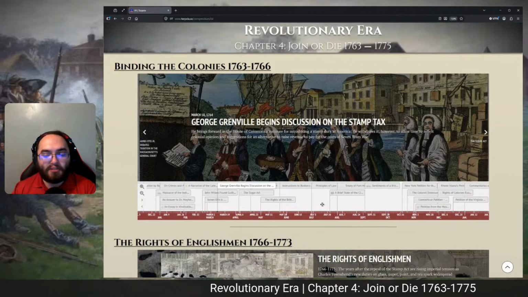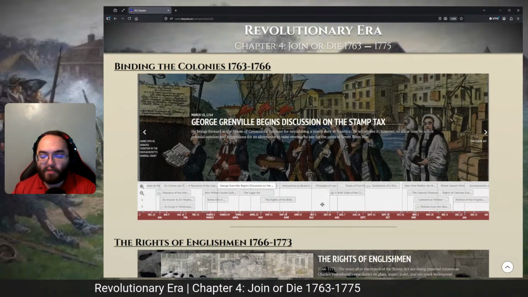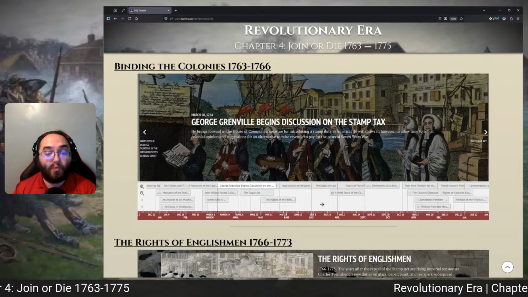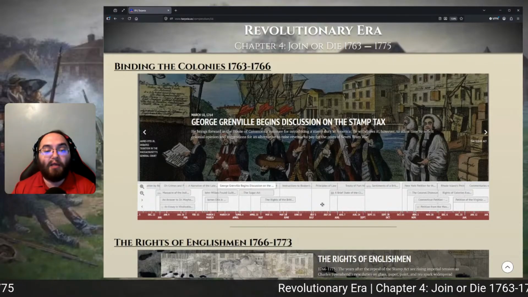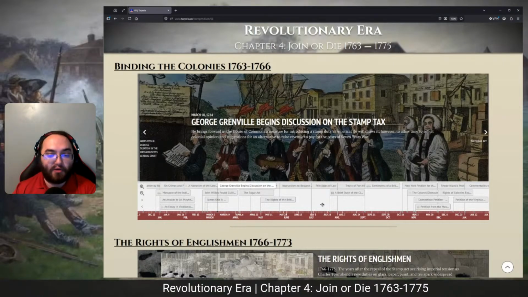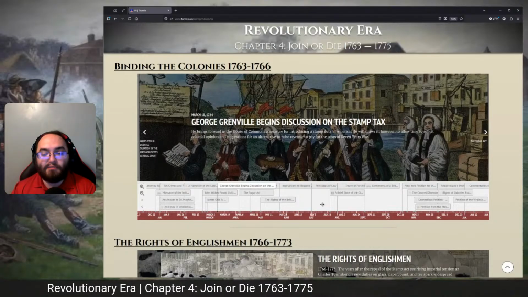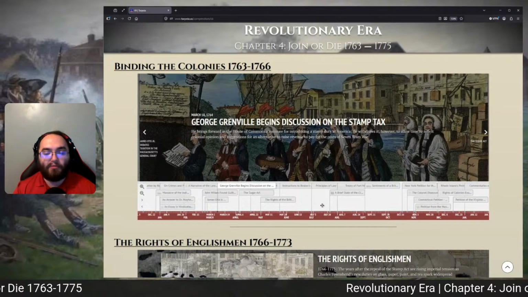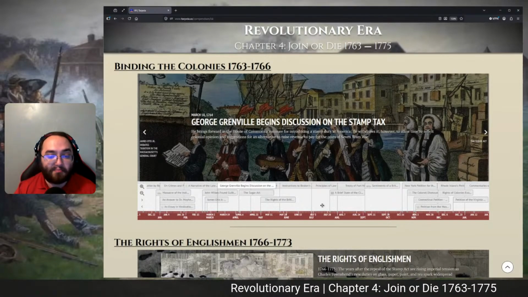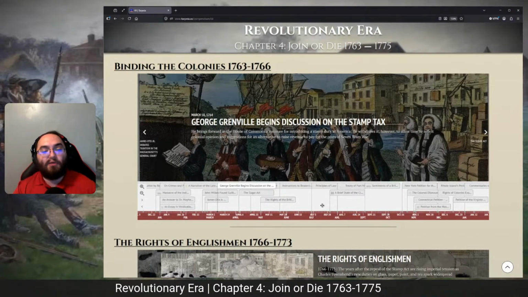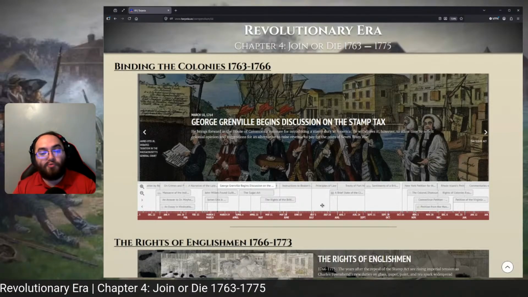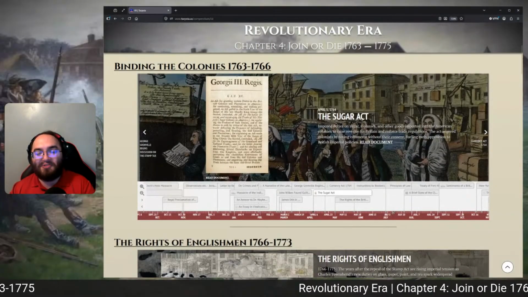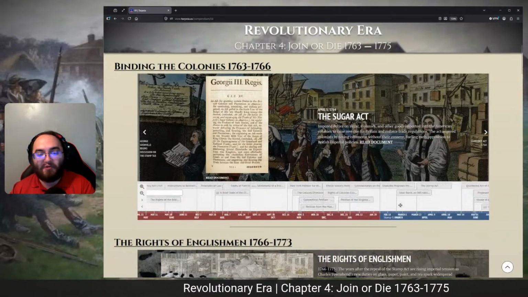And there are some representatives in Parliament, specifically the House of Commons, who are friends with American colonists, and so they're sending information back to the colonies. And so news of the Stamp Act will reach the colonies a year before the Stamp Act is actually passed, and many of the colonial petitions will include the pending stamp tax. And so we'll see how that goes later in this very same section.